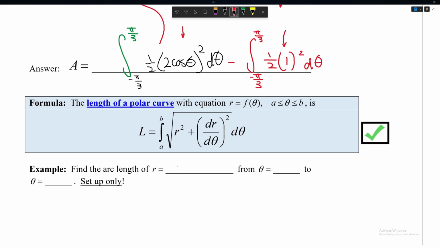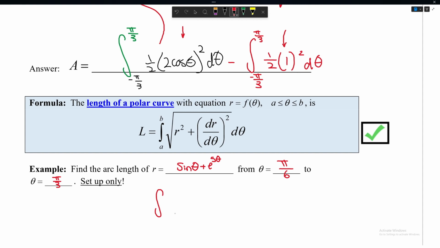Okay, so what she gave is R equals sine theta plus e to the 5 theta, from pi over 6 to pi over 3. And I mean, you guys should be able to do this really. It's just the bounds. So from this to this, how do you know which one goes at the bottom?